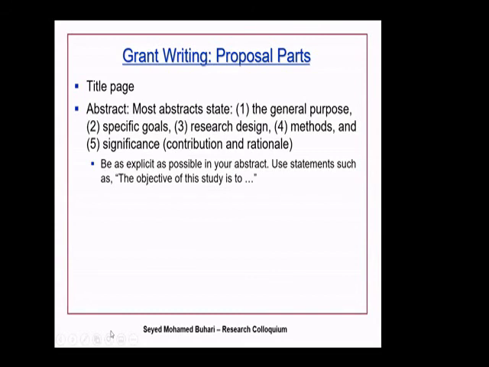It is better if you can write things like this: the objective of this study is, the contribution of this study is, these are the three main contributions of this proposal. Make it clear, straightforward, explicit. Make it very clear so that we don't want the reviewer to read and extract. Make it easier for the reviewer to make comments.